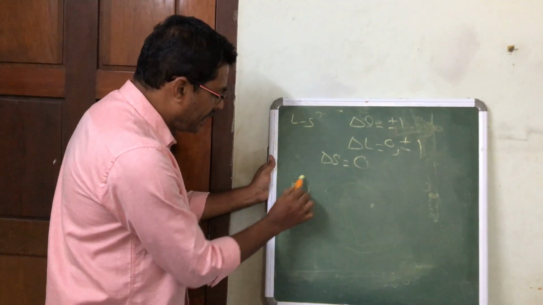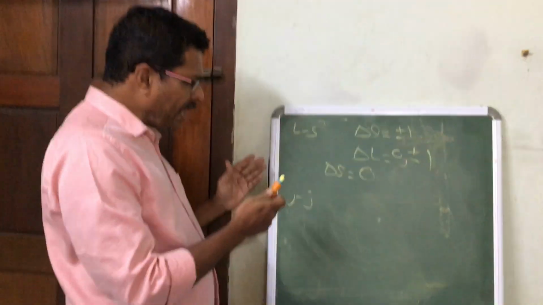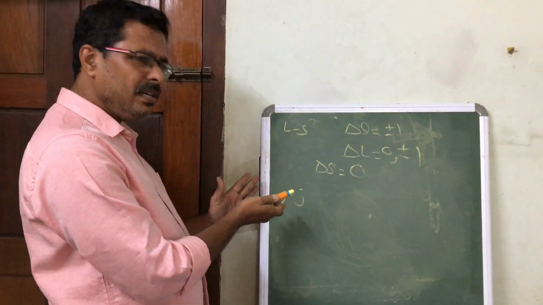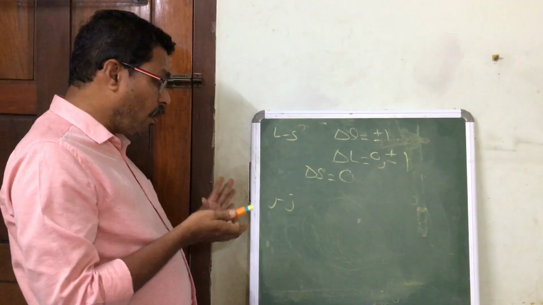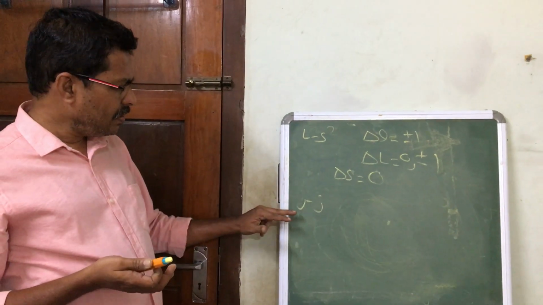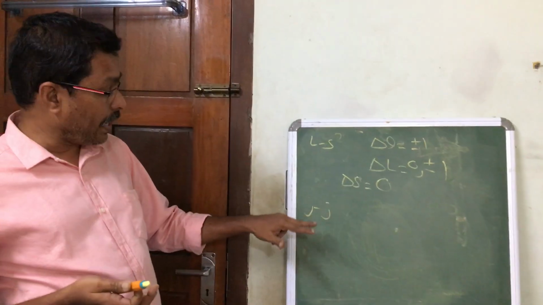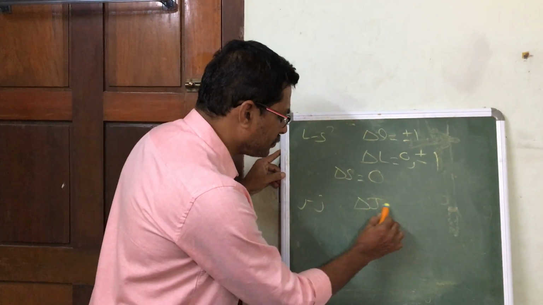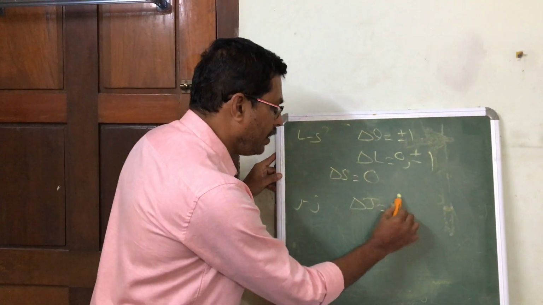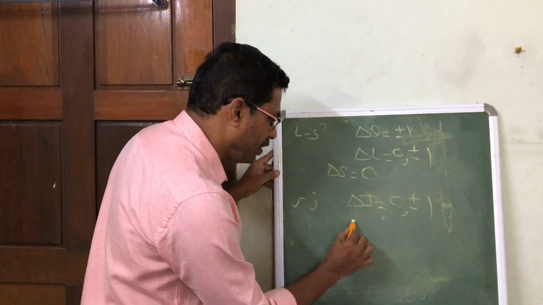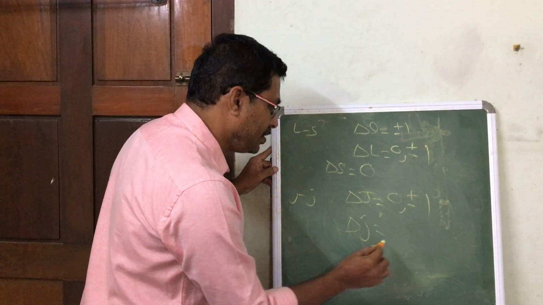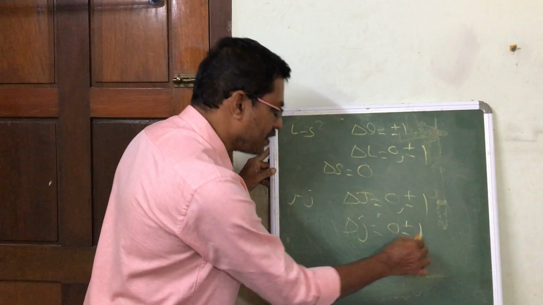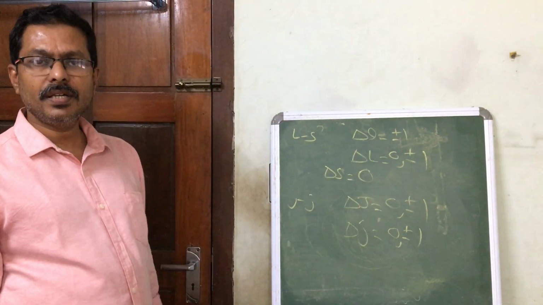In JJ coupling, we have no individual importance for L and S values. So here delta J will be 0 plus or minus 1. These are the selection rules.